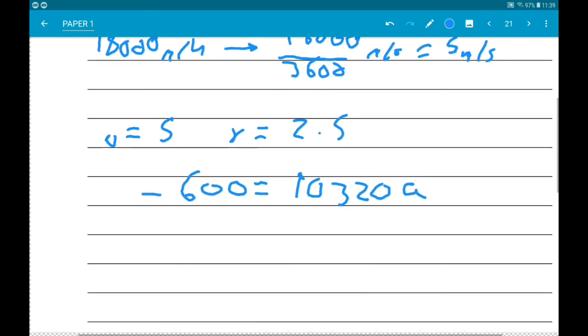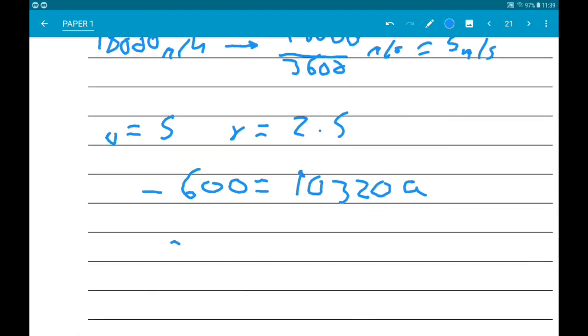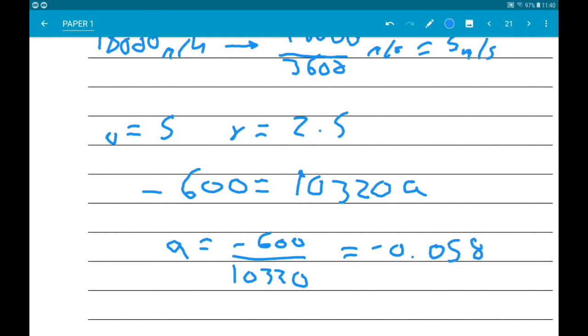So acceleration is minus 600 over 10,320, which gives us, if we go to two sig figs, minus 0.058 meters per second squared.